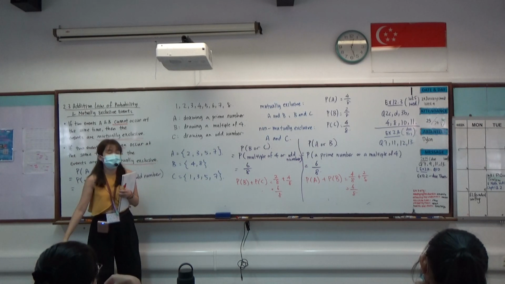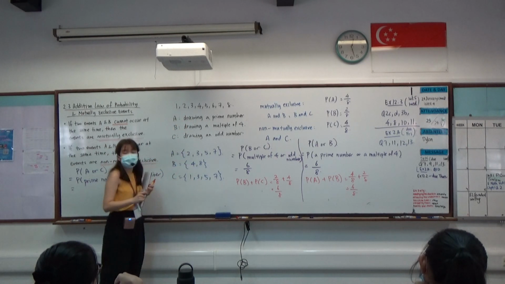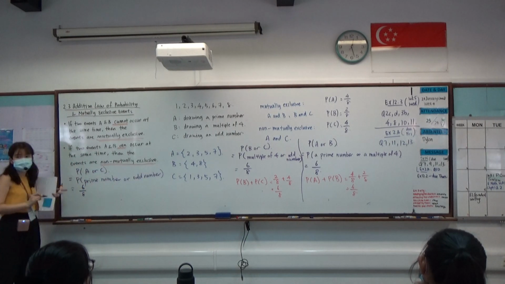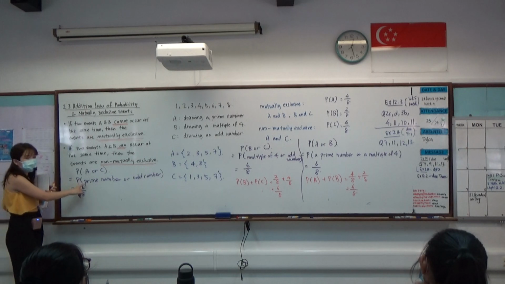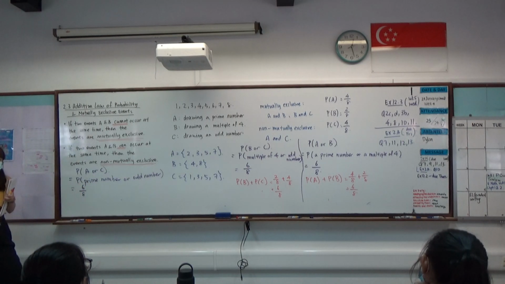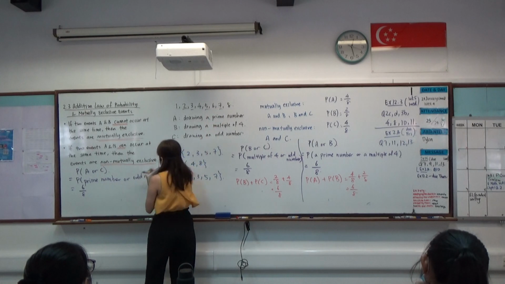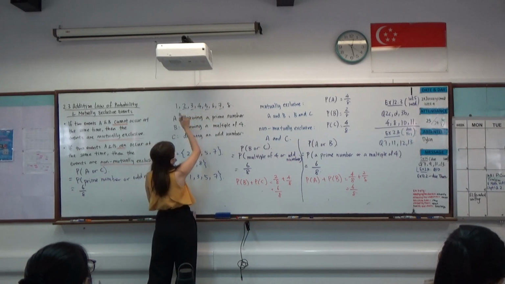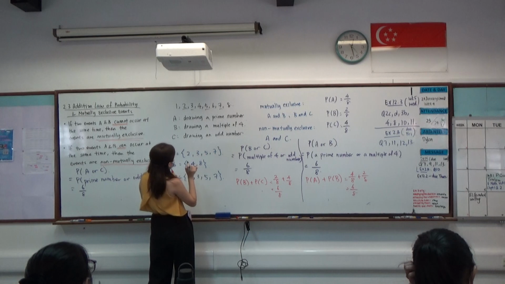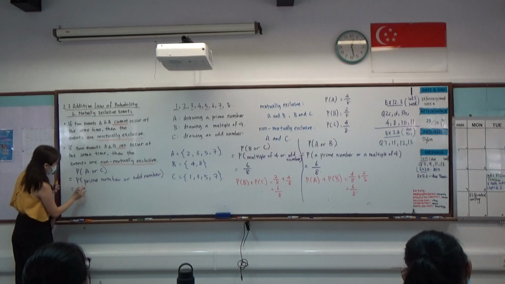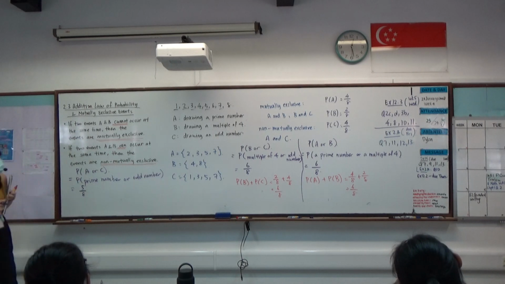So technically, if we were to count directly from here, we will identify that there are 6, which is 6 over 8 as the answer for the probability of prime number or odd number. Do we agree? Okay, because prime number, we have our 2, 3, 5, 7. If we want odd number also, we need to count in our 1. Oh, sorry, there's 5. My bad. Okay, so there's a total of 5.